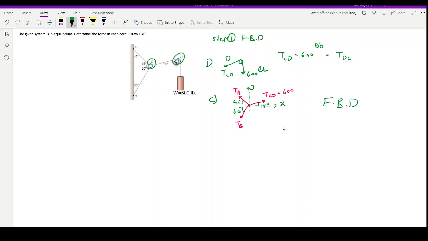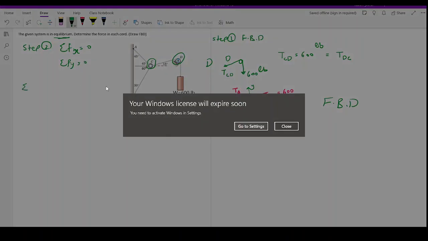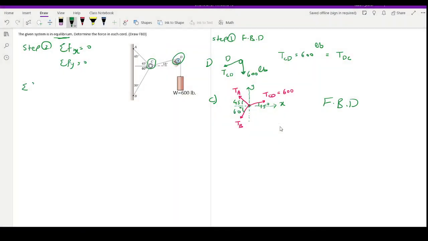This is going to be 20-25% of your exam points. Now, step 2. Equilibrium is given in here. For equilibrium, there are two equations for a 2D system: sigma Fx is 0 and sigma Fy is 0. Let's see which forces are acting in the x direction.